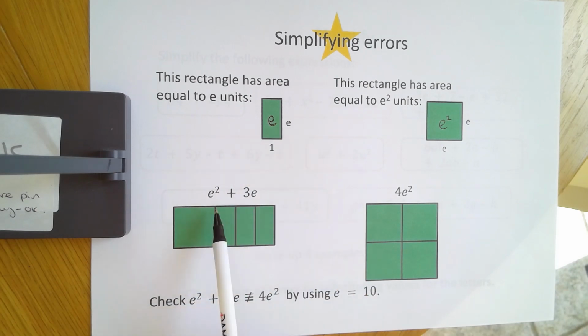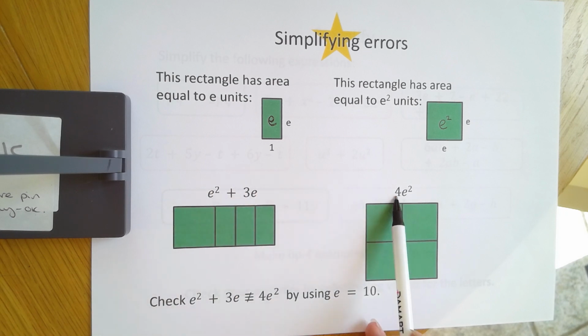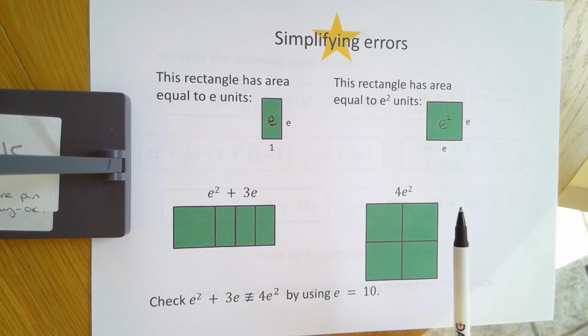So when we've got an expression like E squared plus 3E, sometimes people think you can add these two things together to get 4E squared, or a number of different things. You cannot add these together. If you put it as a shape, I can put the shape together. The area of this shape here is E squared plus 3E. We've got an E squared and we've got 3 of our E's, so 3 of those.